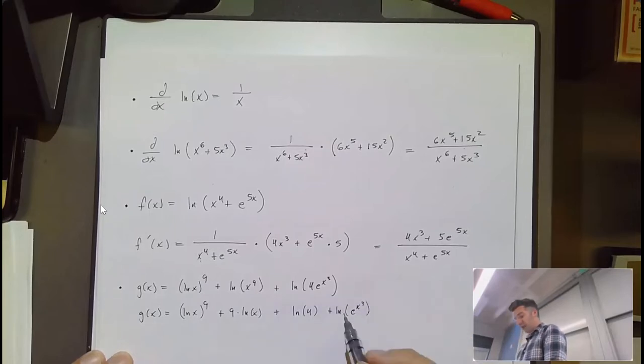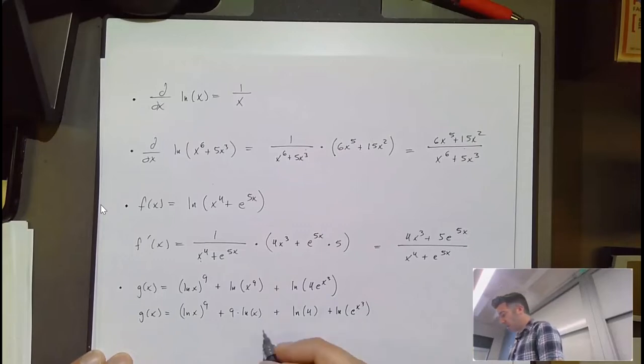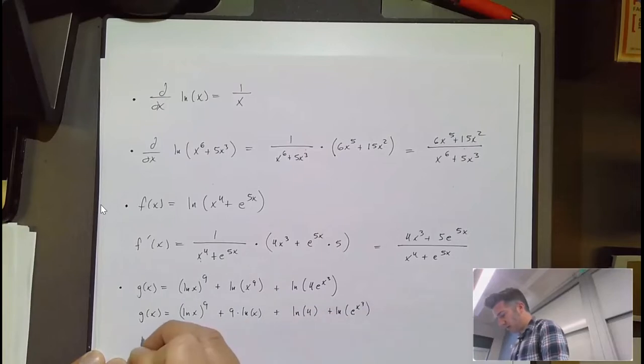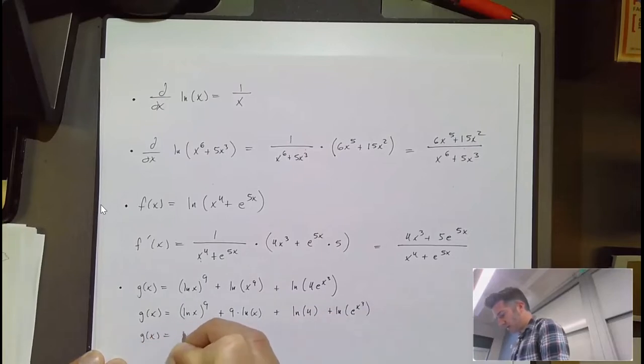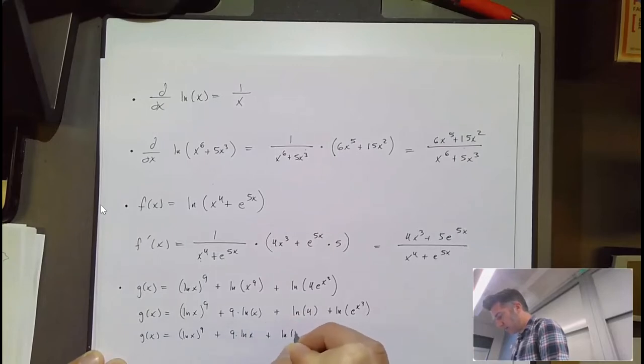And then this would just actually become x cubed. So we could actually rewrite this one more time. It's the natural log of x to the 9th plus 9 times natural log of x plus the natural log of 4 plus x cubed.